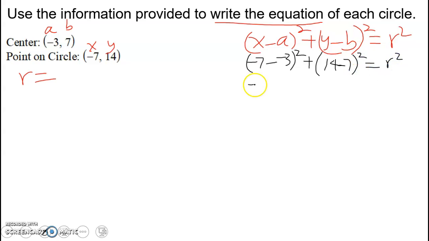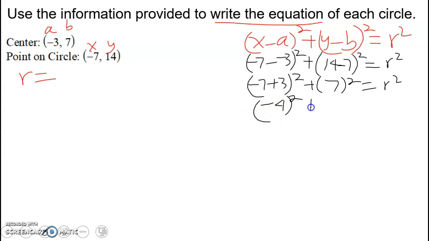So simplify. This is negative 7 plus 3 squared, plus 14 minus 7, which is 7. So negative 7 plus 3 is negative 4. Make sure you put parentheses to square. And 7 squared is 49.